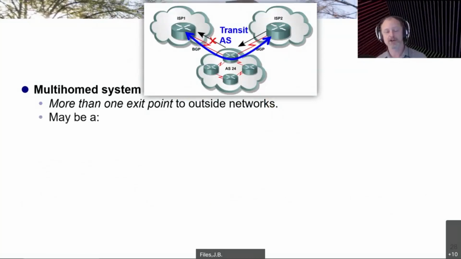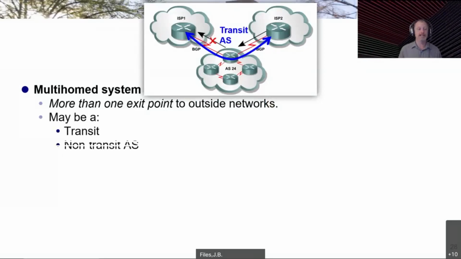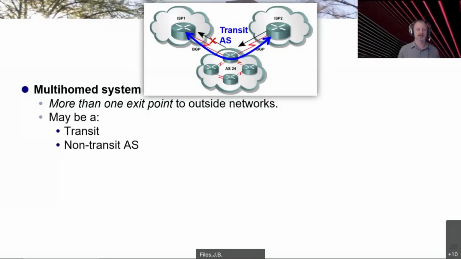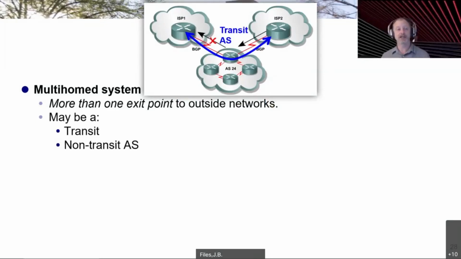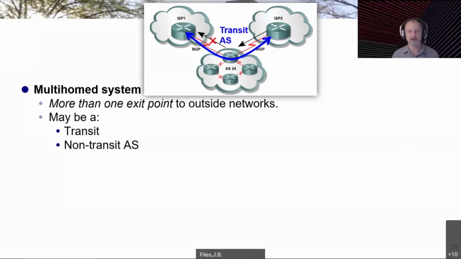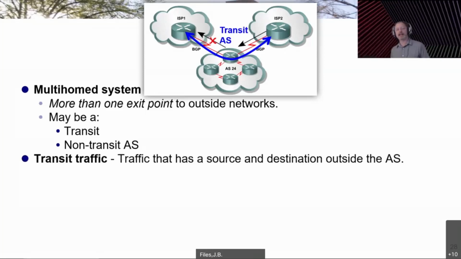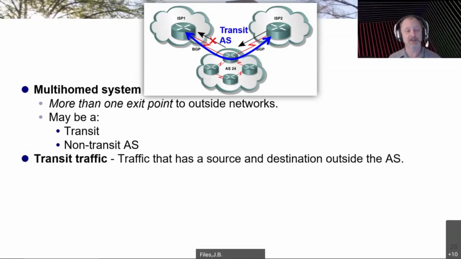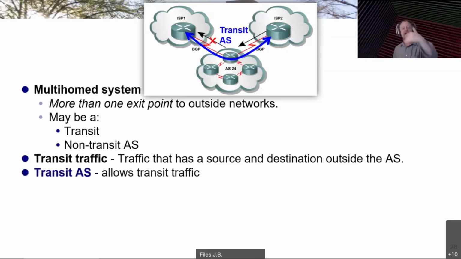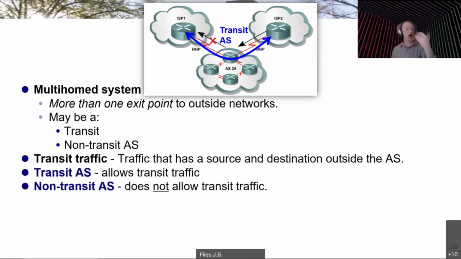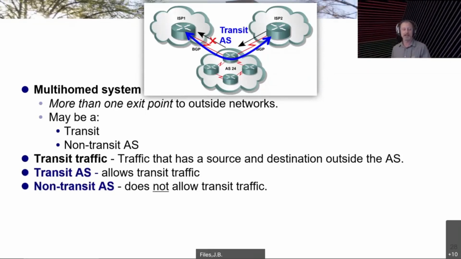Okay. All right. So again, multi-homed system, more than one exit outside of the network. Okay. So you might be a transit network, such as a service provider, or a non-transit autonomous system, such as a company that just has two connections to the rest of the world using two different service providers. What exactly is transit traffic? Traffic that has a source and a destination outside of the autonomous system. So a transit autonomous system allows transit traffic, whereas a non-transit autonomous system does not allow transit traffic. Okay, so what does that mean?